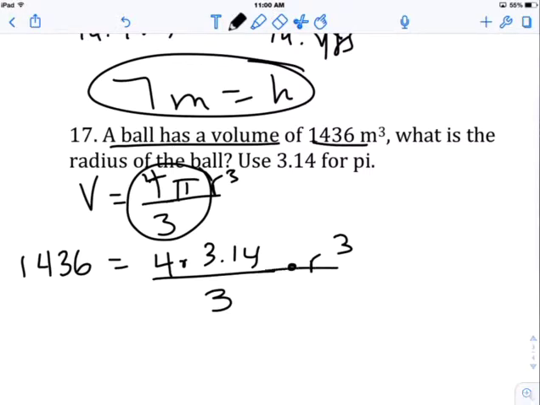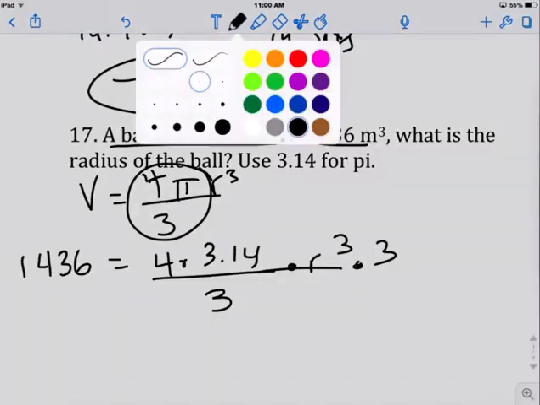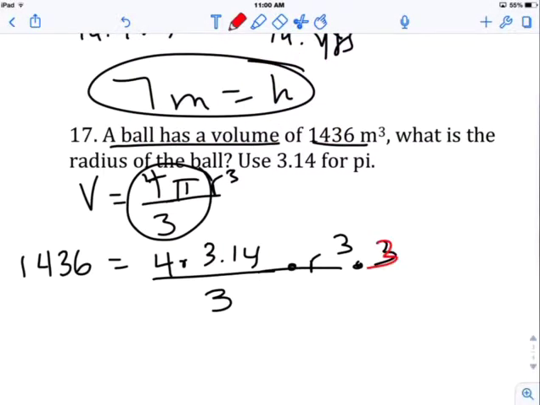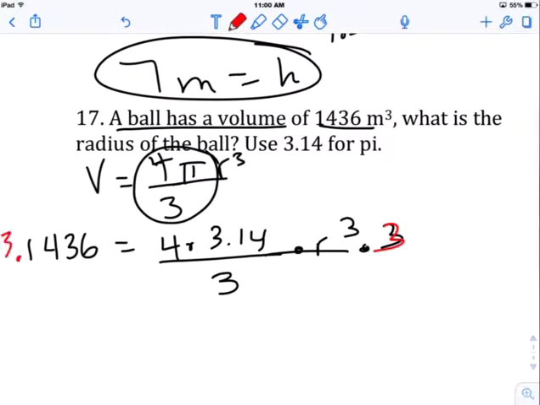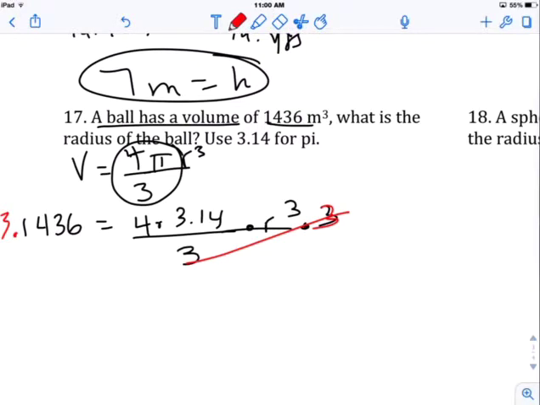Or, better yet, multiply by 3, get rid of that, and then you multiply that, and then you take the cube root, divide by 12.56, right?